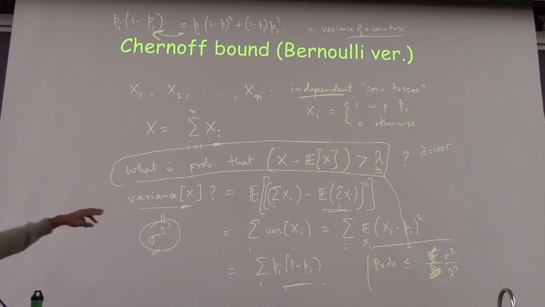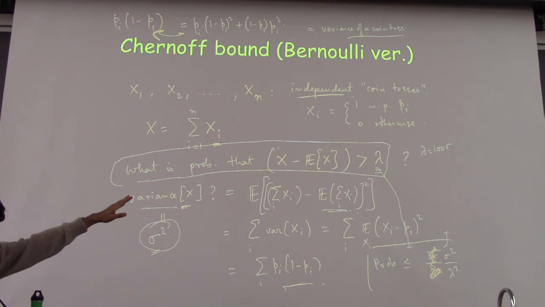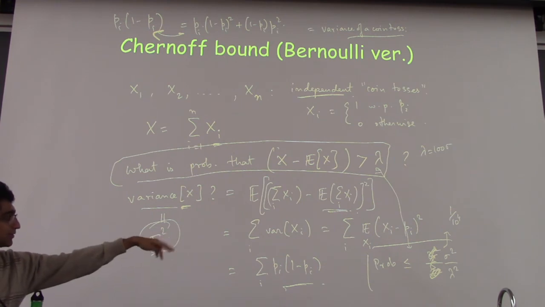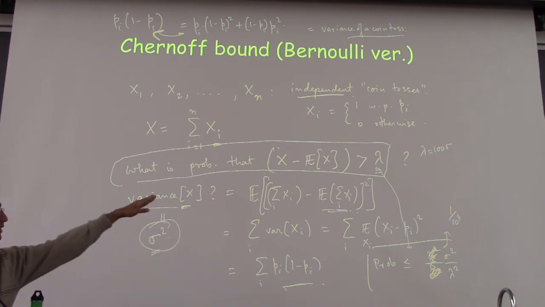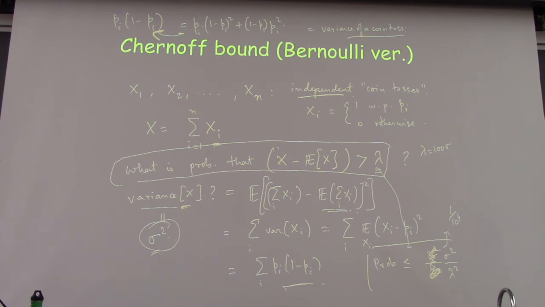So if you set lambda to 100 times sigma, this will evaluate to something like 1 by 10 to the 4. So it tells you that it's pretty unlikely. The probability that you are a factor of 100 off from the standard deviation is 1 over 100 squared. So that's what Chebyshev tells us.